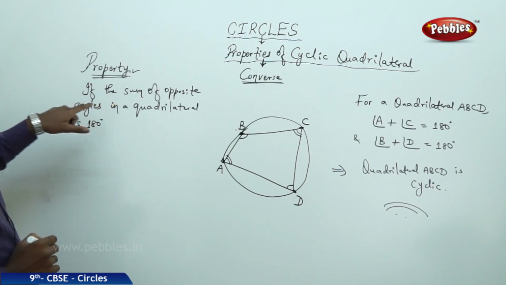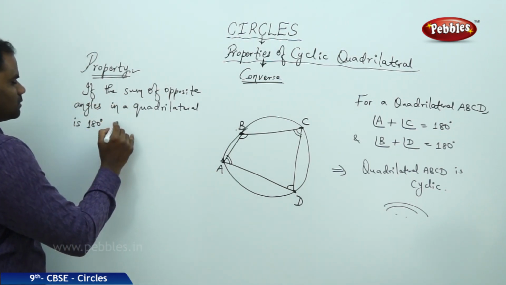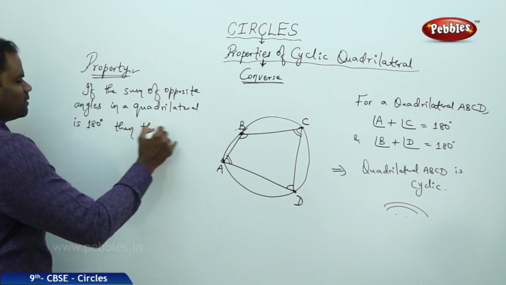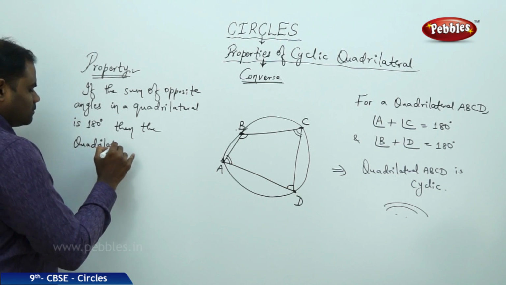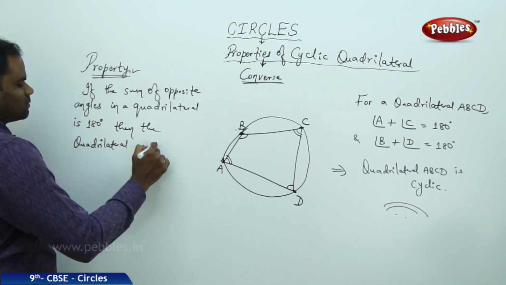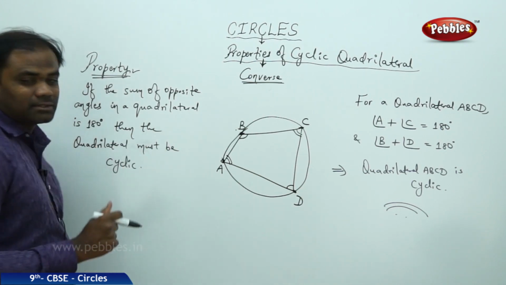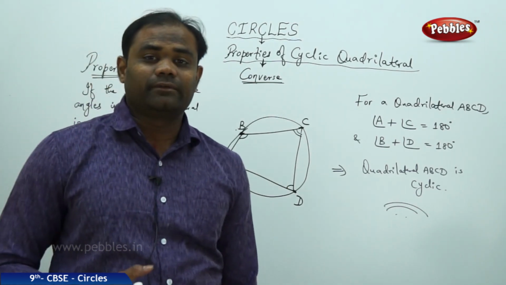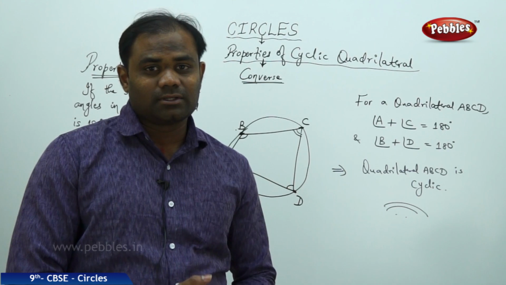If the sum of opposite angles in a quadrilateral is 180 degrees, then the quadrilateral must be cyclic. There's no way around it, the quadrilateral in that case must pass through all the four points of the circle.